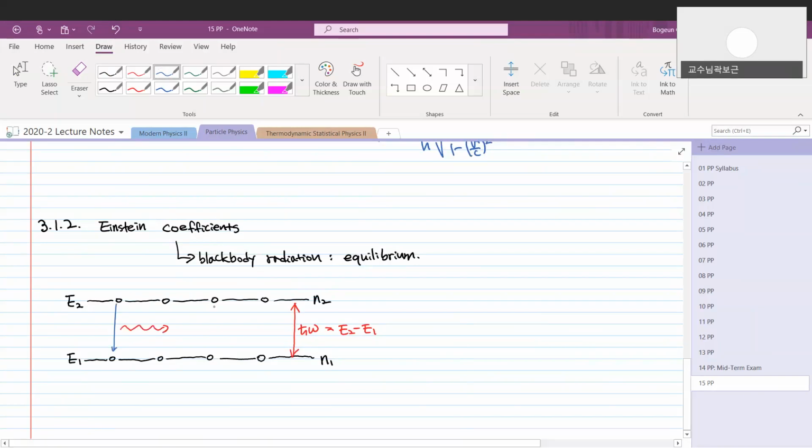Or atoms can move up, in which case a photon should be absorbed by the atom in the lower state.